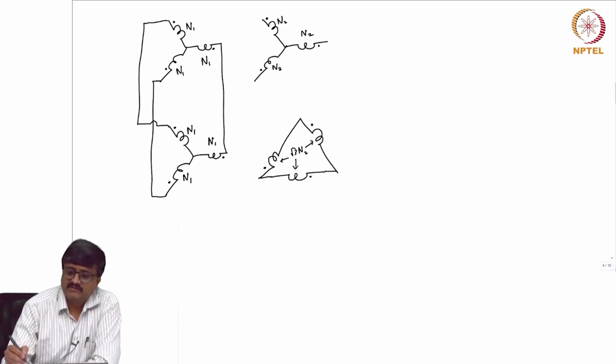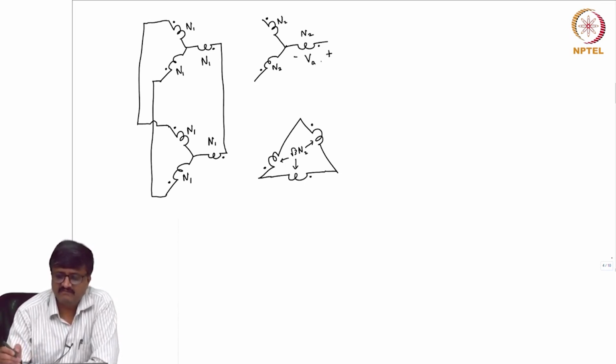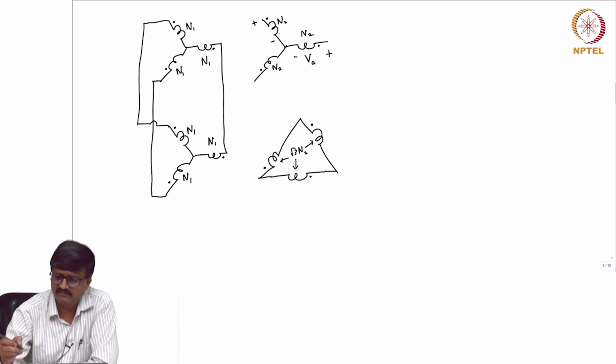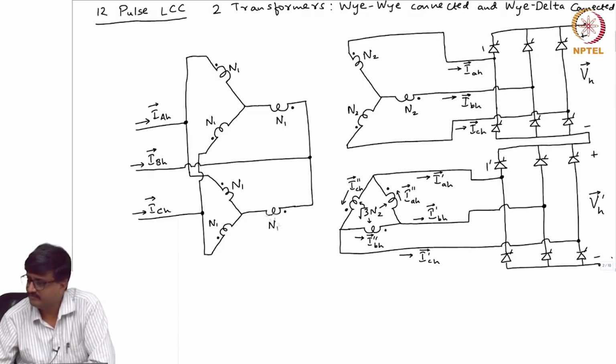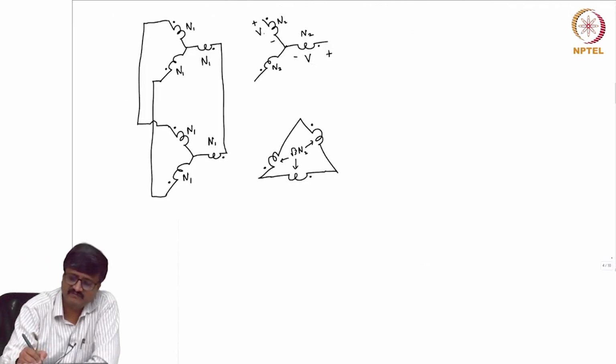Okay. So, let me call this voltage VA, and this voltage VB. This is the A phase and this is the B phase. So, this is phasor VA, phasor VB.